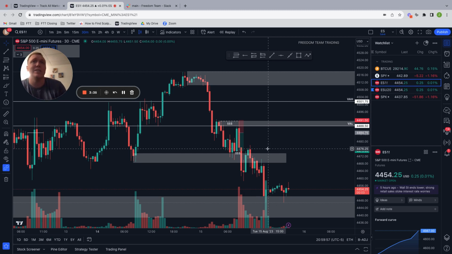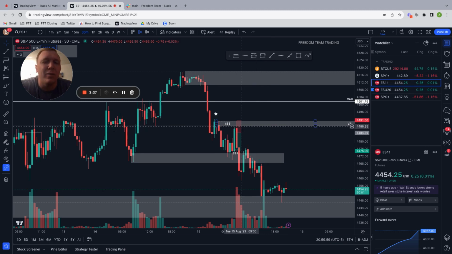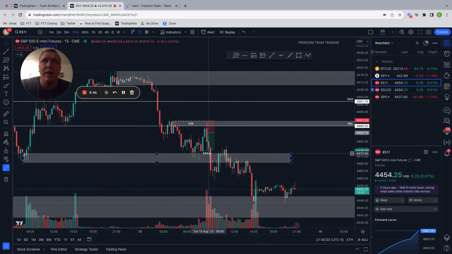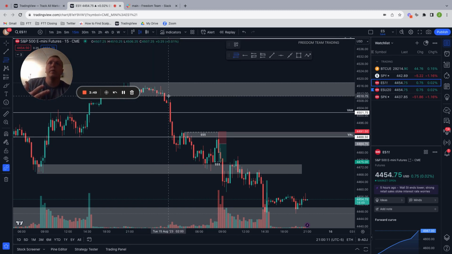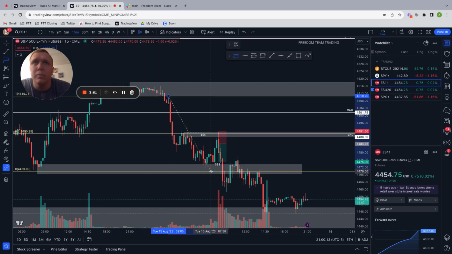You cannot really see it on the 30-minute because of how the market moved. But this is the importance of using multiple time frames and all the tools you have inside your charting platform. So we start this fib from the start of the move to the bottom of the move.